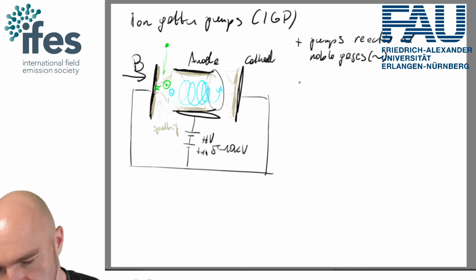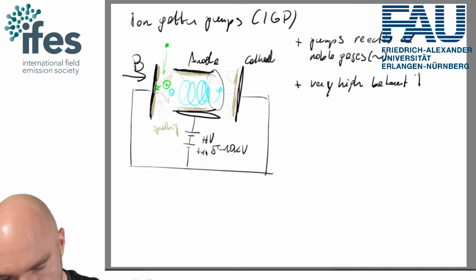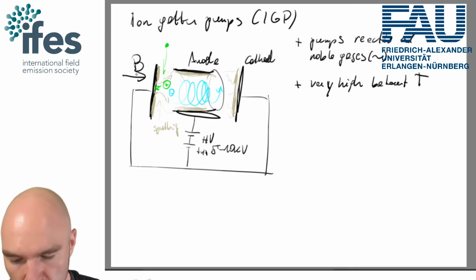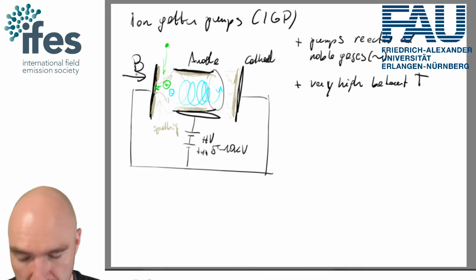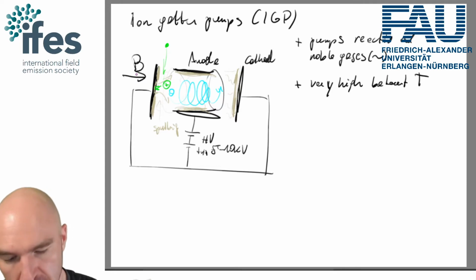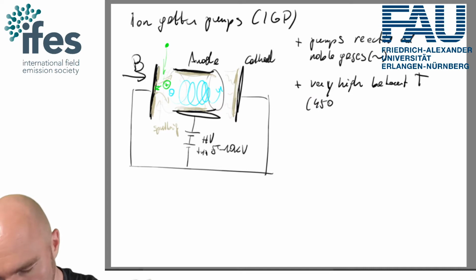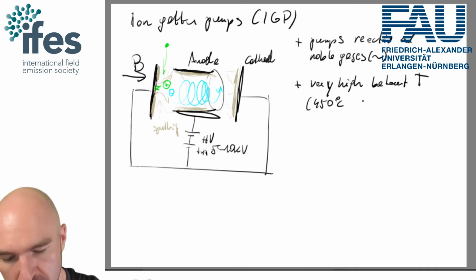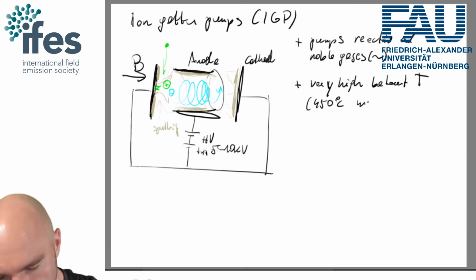The other good thing is you can get a very high bakeout temperature. Essentially, the magnets usually only survive about 220 degrees or something, and then they get demagnetized, which would be a problem. But if you remove the magnets, you can do 450 degree C bakes without the magnets.